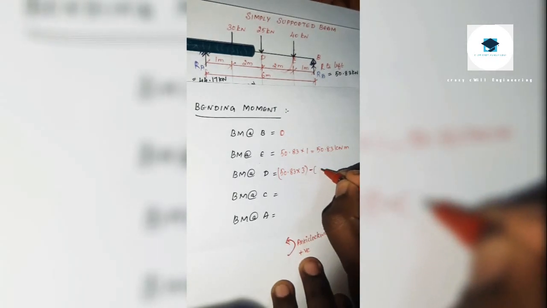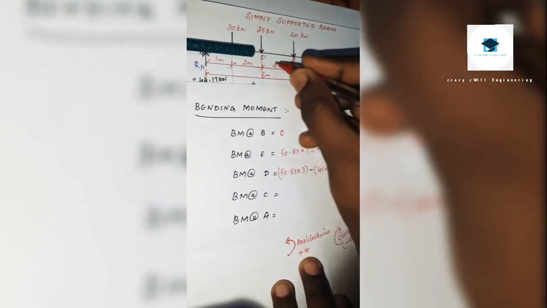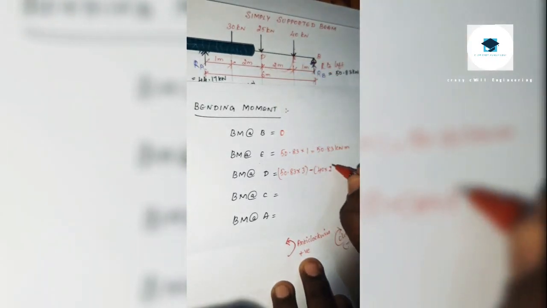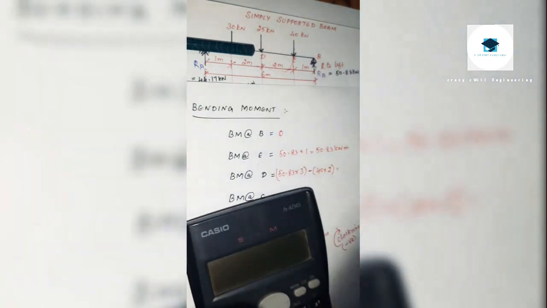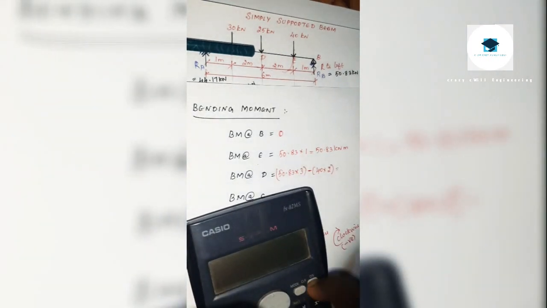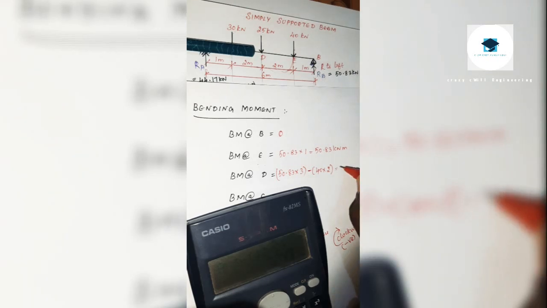So put minus 40, distance of 2 meter. The value is 50.83 into 3 minus 40 into 2, which is 72.49 kilonewton meter.